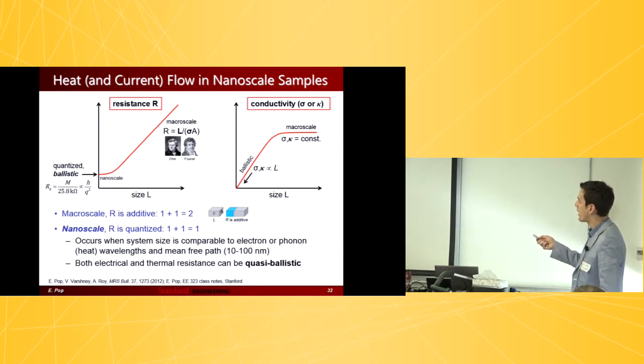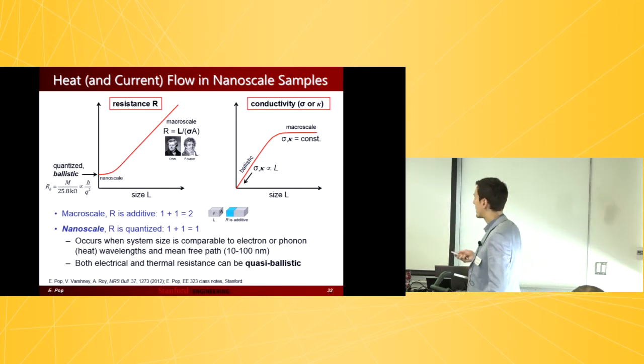And I do want to point out the difference between resistance or conductance and conductivity. If you convert between resistance and conductivity using that simple equation, in bulk, at the macro scale, of course, conductivity is a constant. But in the ballistic regime, and this is a little counterintuitive, the conductivity actually goes to 0, and it scales linearly with the system size.